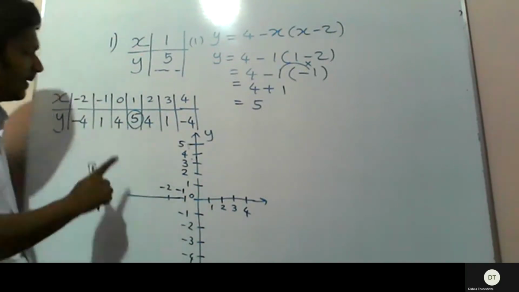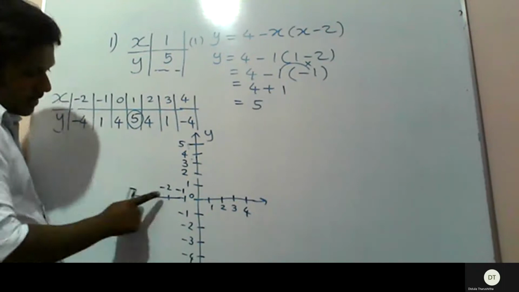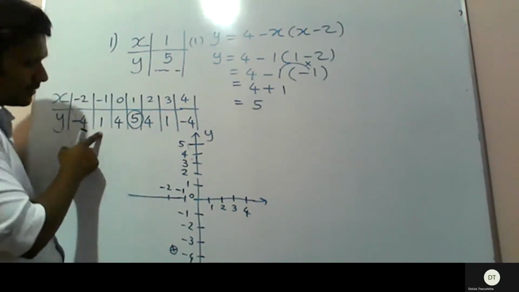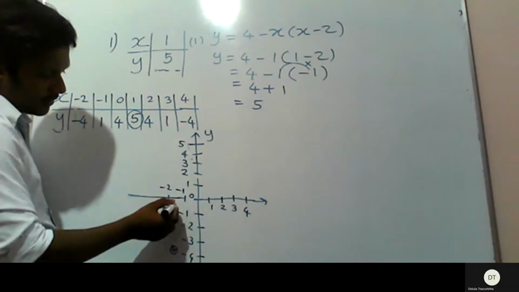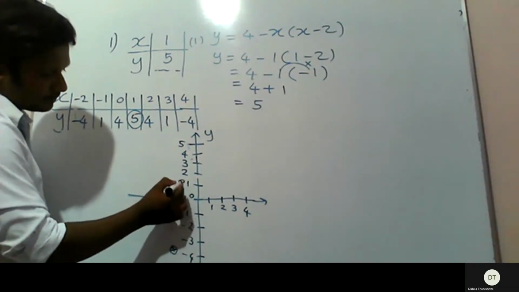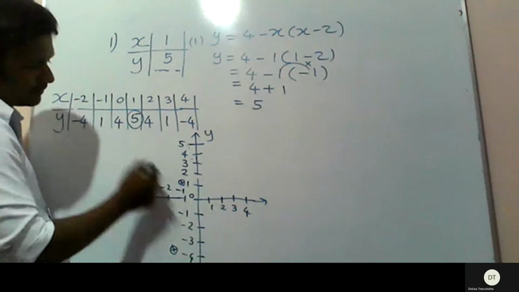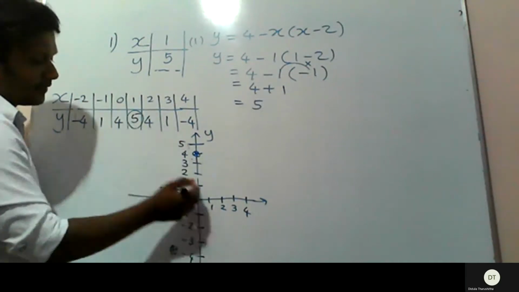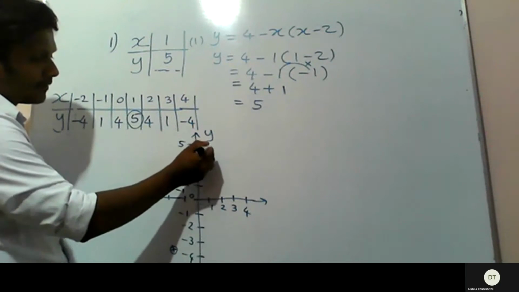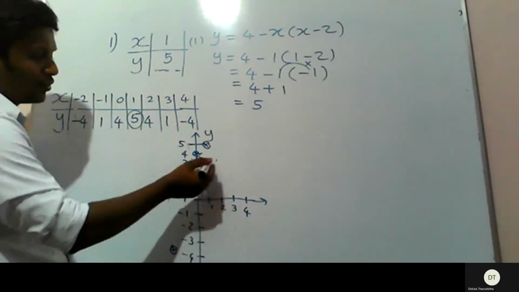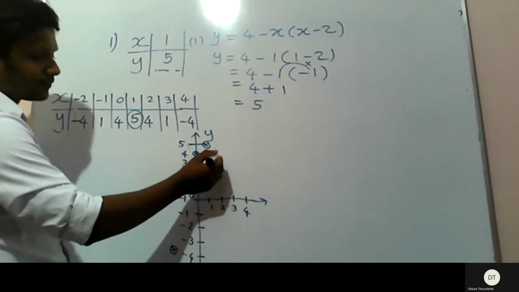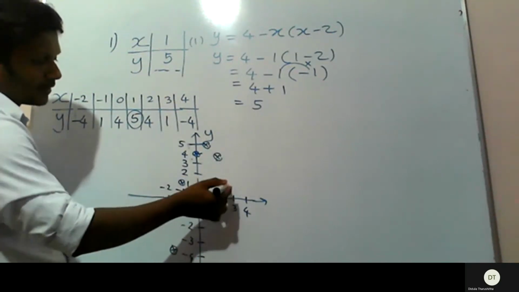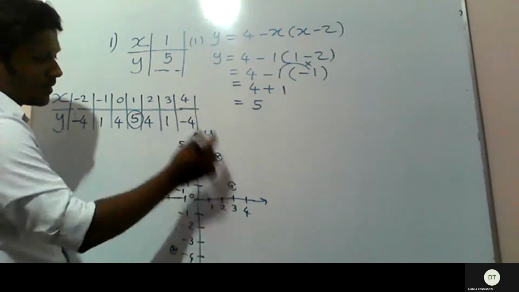It is the scale. (-2, -4), this point. (-1, 1), this point. (0, 4). (1, 5). (2, 4). (3, 1). (4, -4).